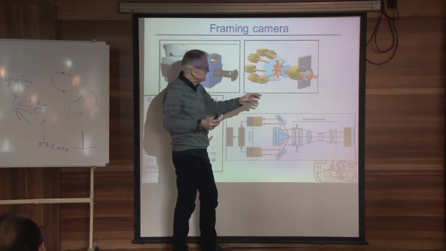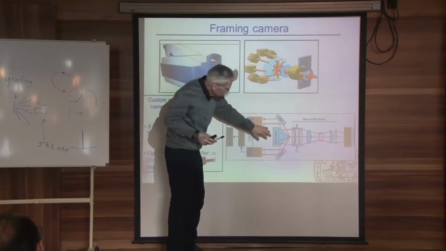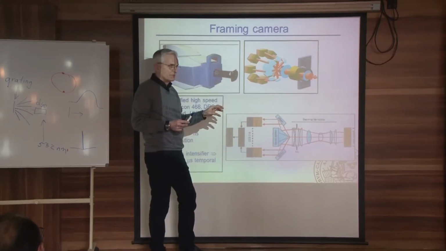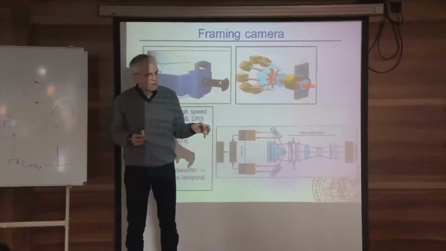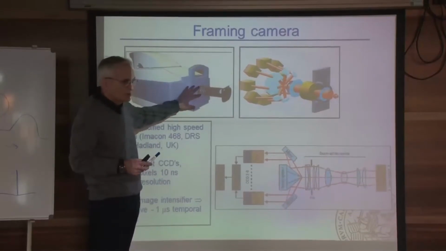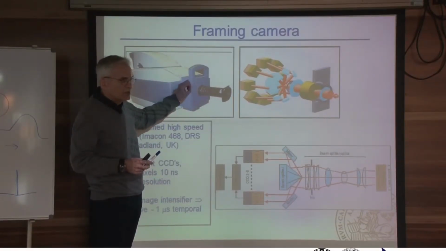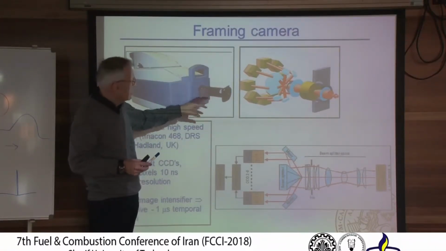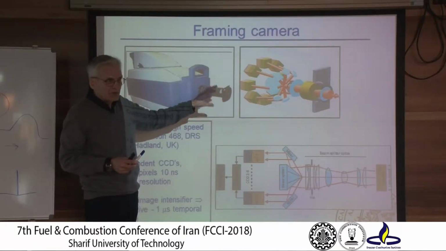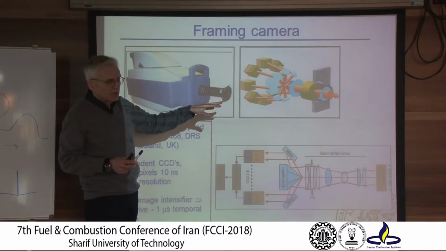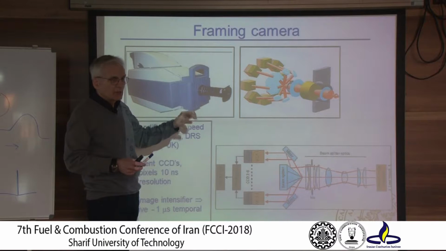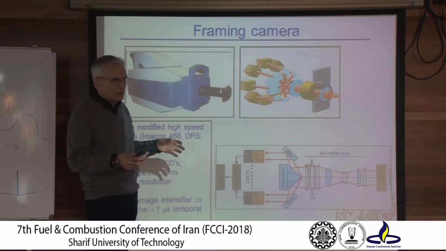So we divide the image into 8, and then we can gate them sequentially and follow extremely fast phenomena. And if you remember, the laser system we built could produce 8 pulses, and by accident this camera could take 8 images. So we have a laser system producing 8 pulses and a camera capturing 8 images, and then we can measure very, very fast.